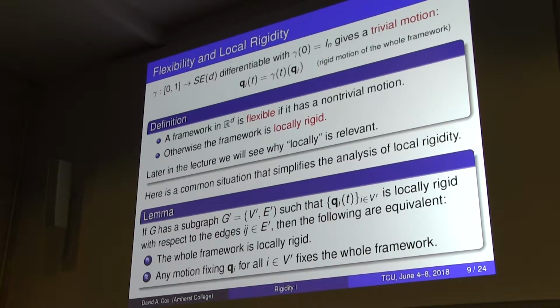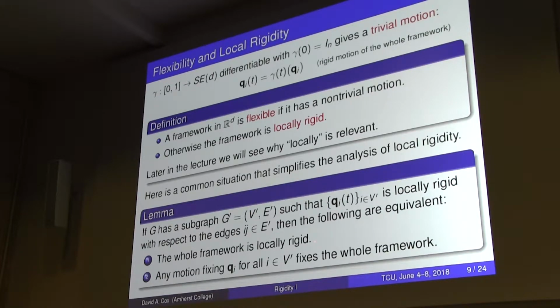And here's a common situation. Suppose my graph has a subgraph such that when I look at just the configuration for the subgraph, that part is locally rigid. So suppose the only way to move that particular part is by a trivial motion. Then the two following things are equivalent.